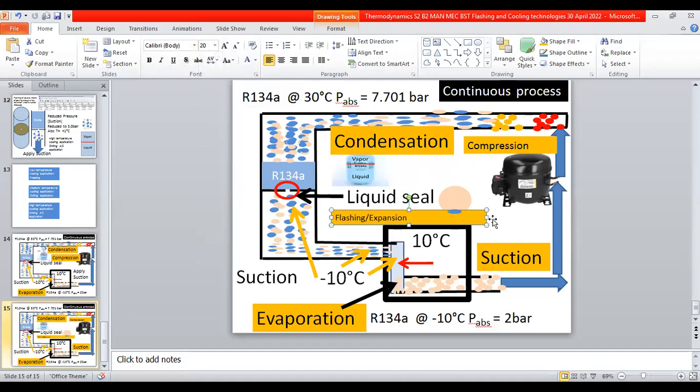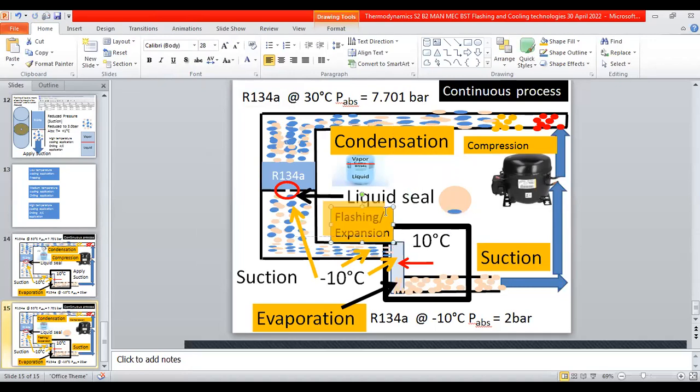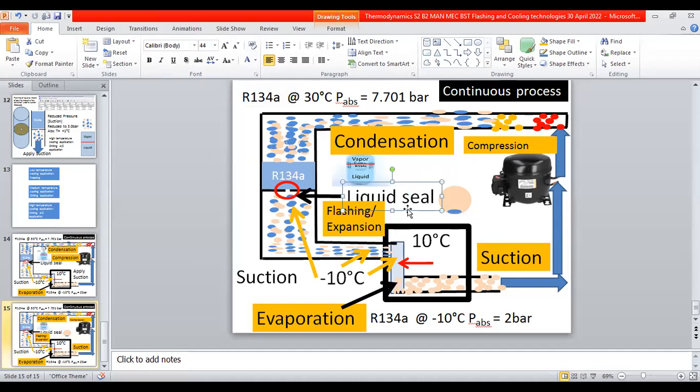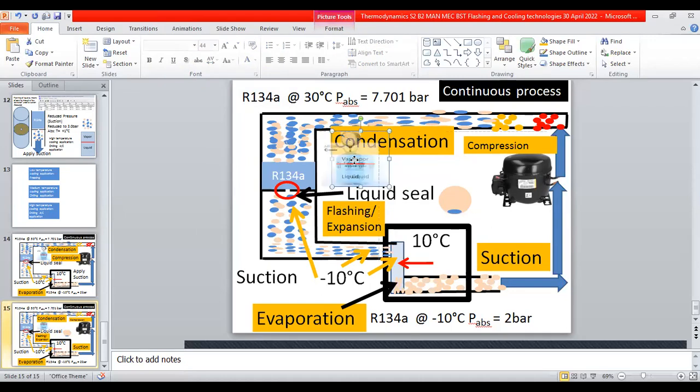Another word, flashing or expansion. Nice. This is what takes place at the liquid seal. Very nice. Okay, this is good.